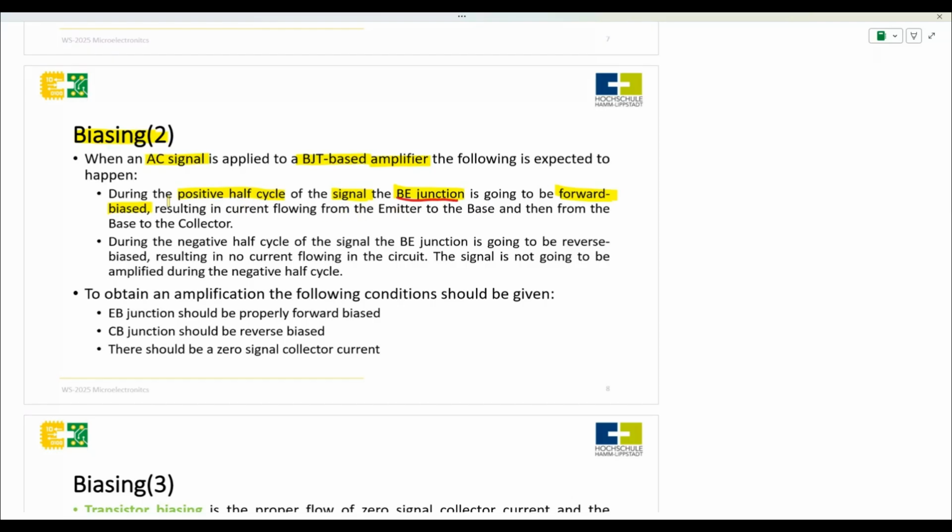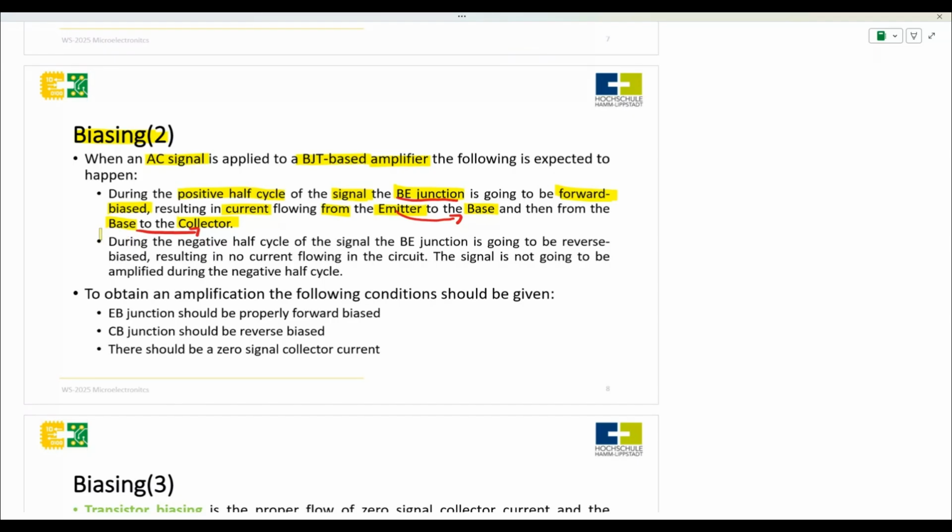Remember, from the emitter to the base, and then from the base to the collector.